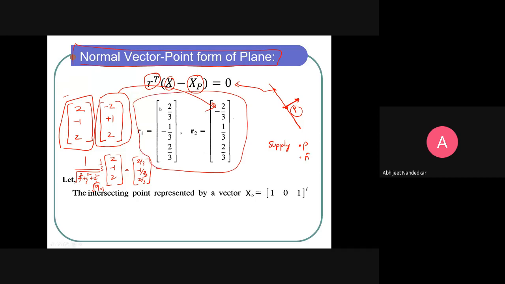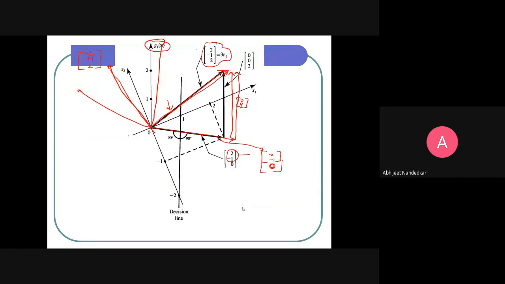What is left now is to decide through which point these planes will pass. Suppose the point through which these planes will pass is 1, 0, 1. This is done intentionally.